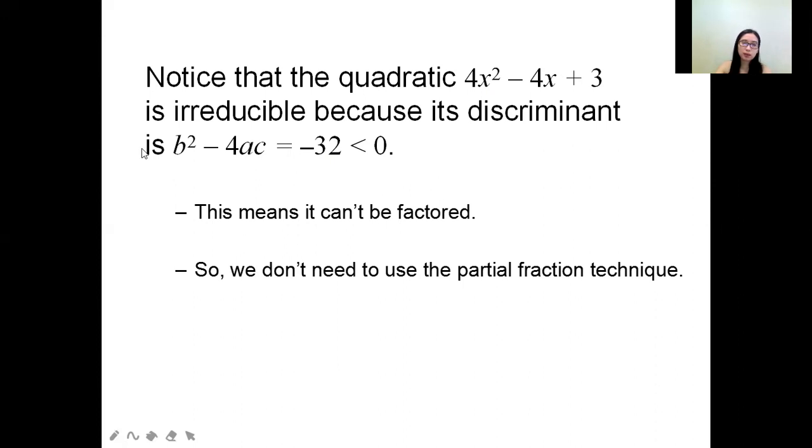So 16 minus 48 is negative 32, which is less than 0. Meaning, it is an irreducible quadratic polynomial. This means it can't be factored, so we don't need to use the partial fraction technique.